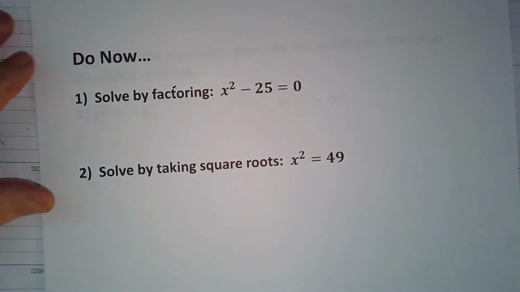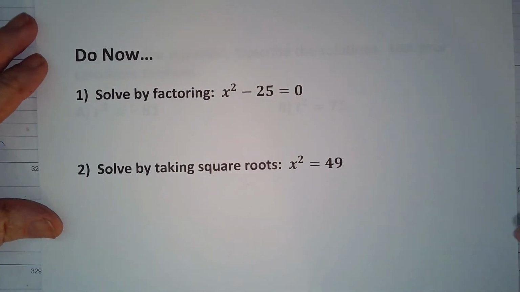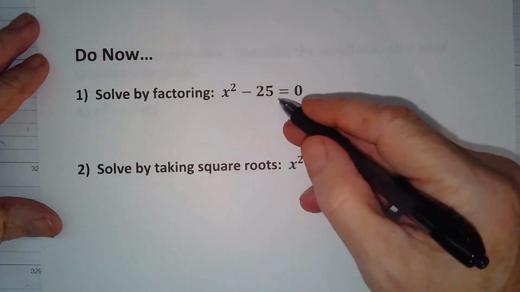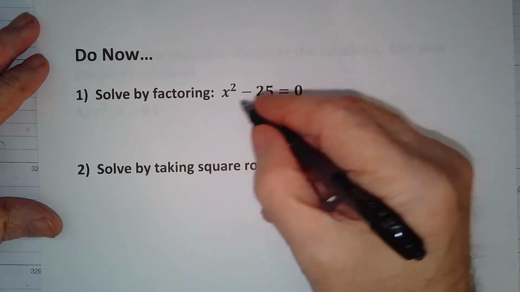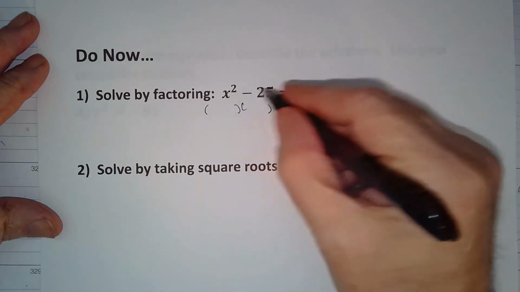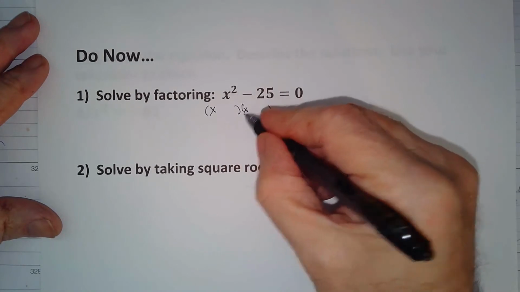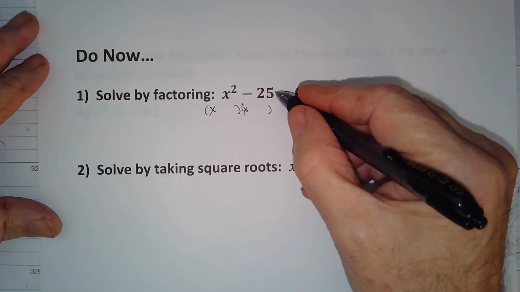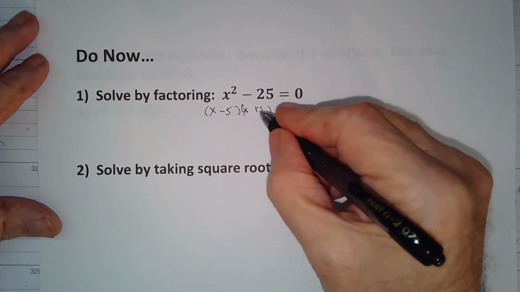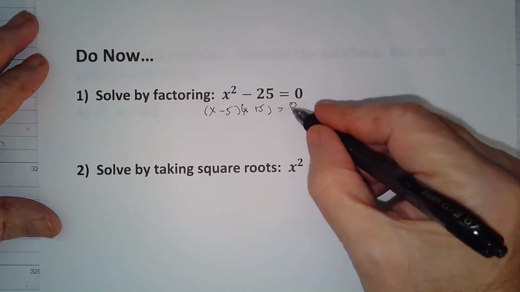So we're going to be solving by taking square roots. And you're familiar, of course, with factoring, and we're just going to do a little review. With factoring, the way we've been doing it is setting up the double bubble parentheses. x squared is x times x, and negative 25 is negative 5 times positive 5, and multiply those back together and you would get x squared minus 25, but that's equal to 0.